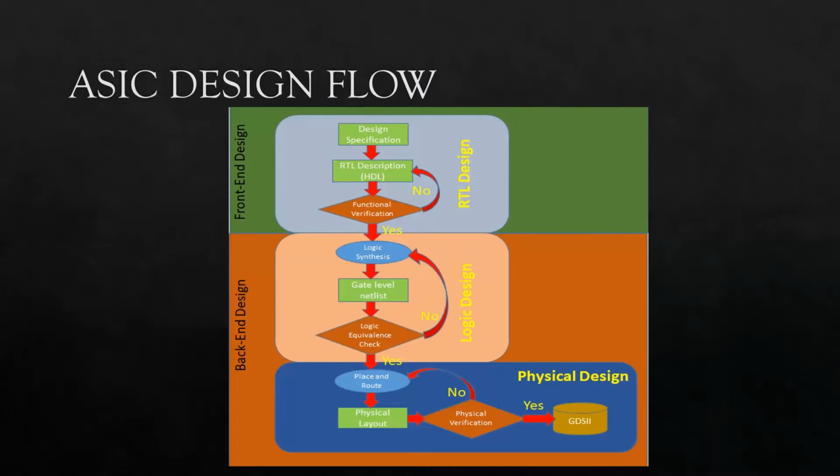Once physical verification is done, which is the final process, it jumps to GDSII. Then the chip goes for manufacturing. After fabrication, your chip comes out from the lab. So this is the flow of how a chip comes to market, through both front end as well as back end design.